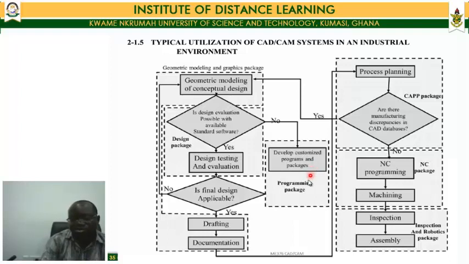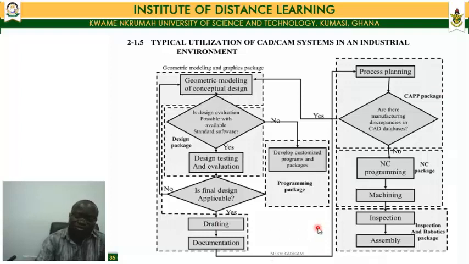Once we use a customized package to help in the process, we can go back and continue, and it means the evaluation is now possible. Then we do design testing, evaluation, and all the way through.